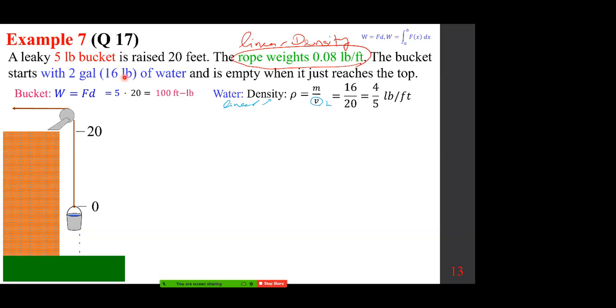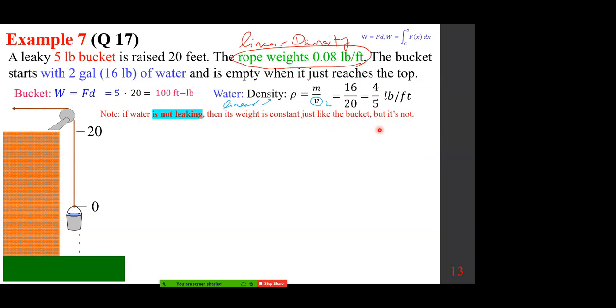It's important to know if water is not leaking, and it is. If the water is not leaking, the weight is constant, and we do exactly like what we did with the bucket. We repeat the same thing, and that's simple. But because it's leaking, you can't take it to be constant.